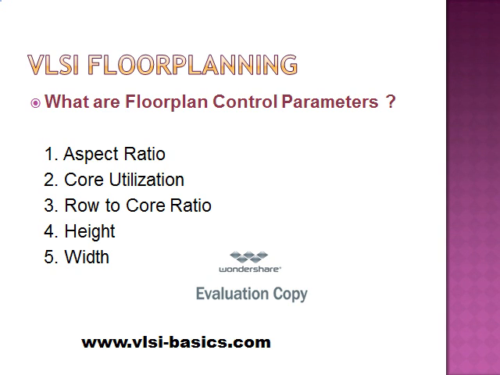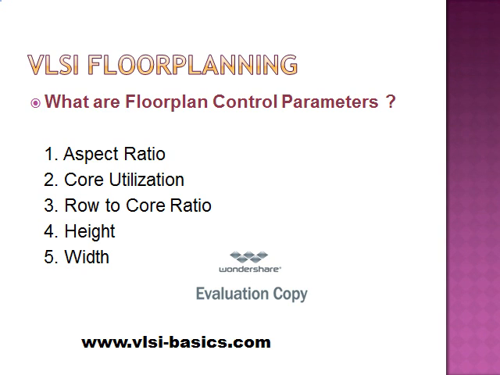If you specify a ratio of 1, the height and width are the same and therefore the core area is a square in shape. If you specify a ratio of 3, the height is 3 times the width. The next is core utilization. Core utilization indicates the amount of core area used for cell placement.